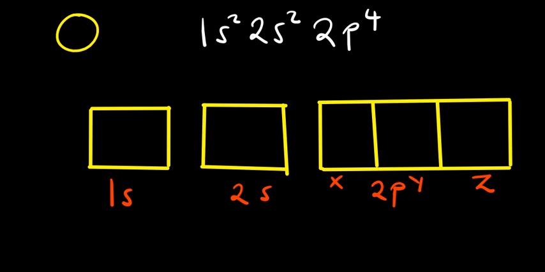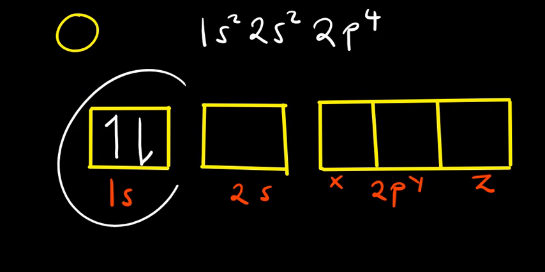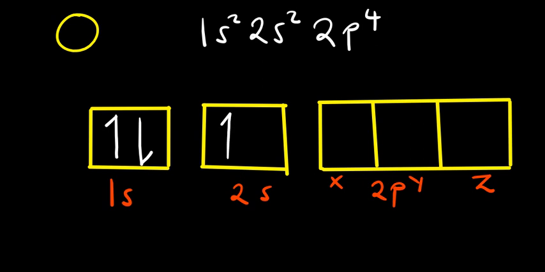The 1s is going to get the first and the second electrons, just like that. You always fill the 1s first. Then you go to the second one, which is also able to accommodate 2, so you put 2. These ones are filled. Now we are remaining with 4 electrons.